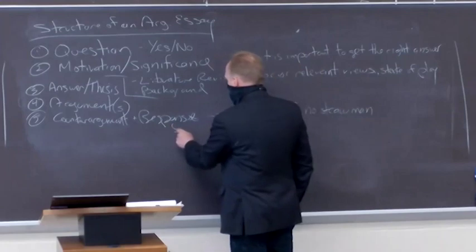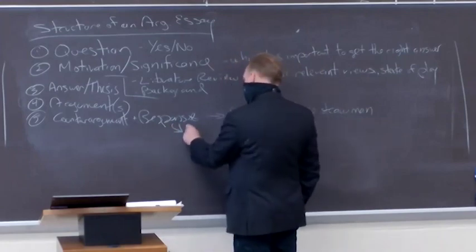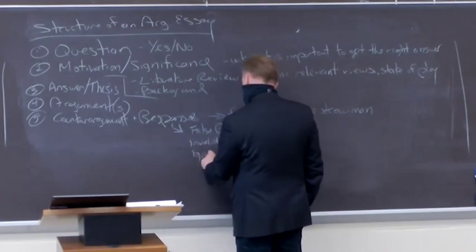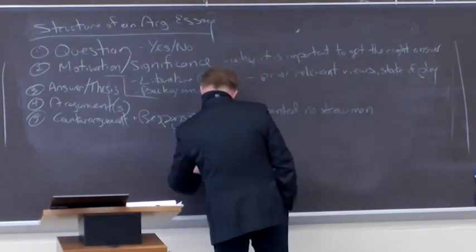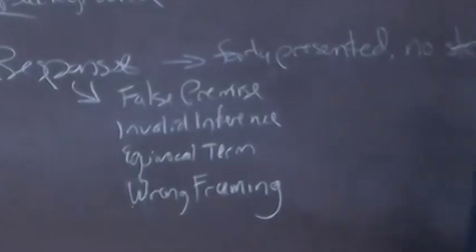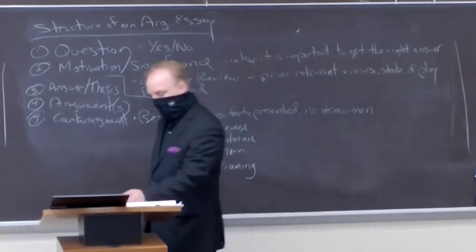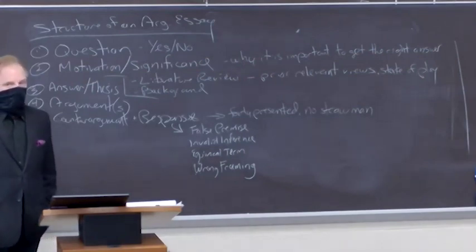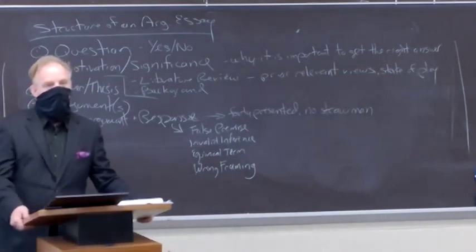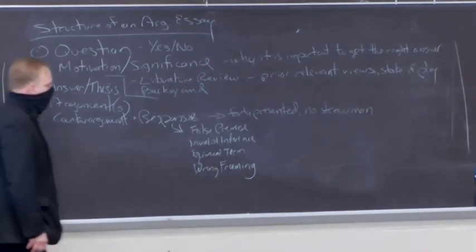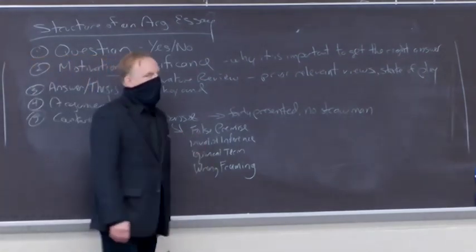Thinking about responses here, maybe just a little bit more. It seems to me there are a couple of different ways you might respond to a counter argument, simply going through the kind of logical categories of response. You might say, of course, that the argument relies upon a false premise.